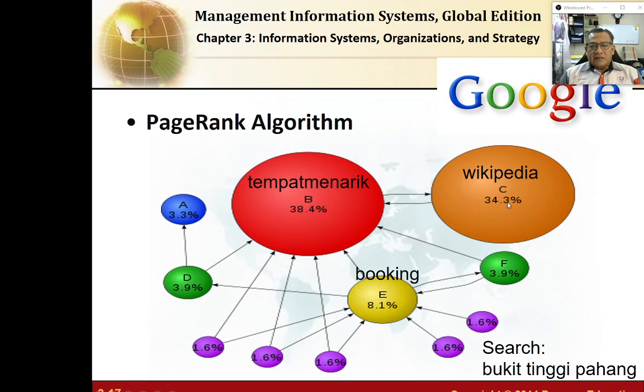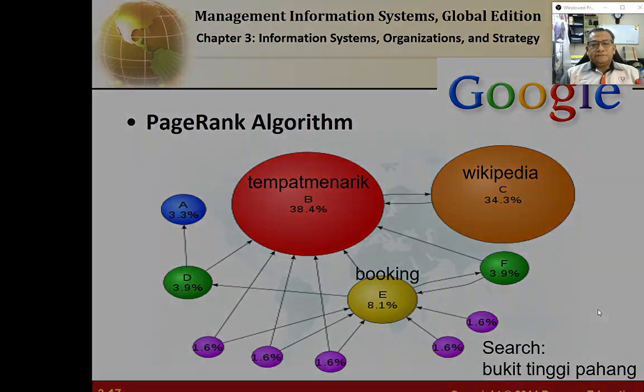Then Wikipedia, which contains Bukit Tinggi Pahang, is the second website that contains the content that customers have searched previously. And the third one, perhaps booking and so on. So it is a way of IT search matching the requested information by the customer or user.